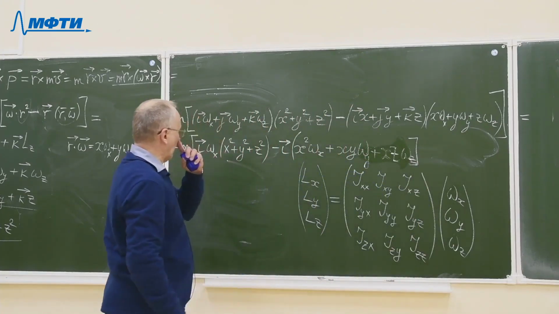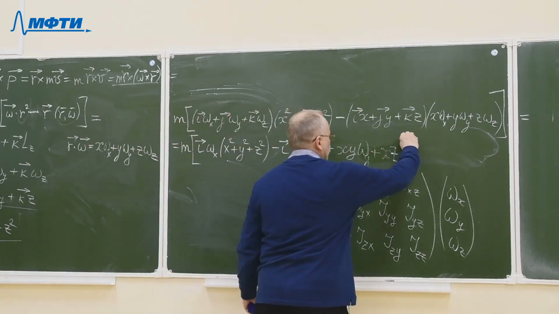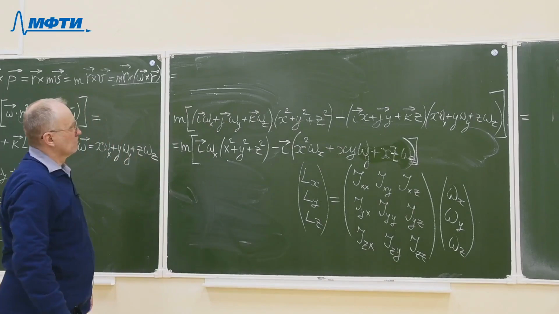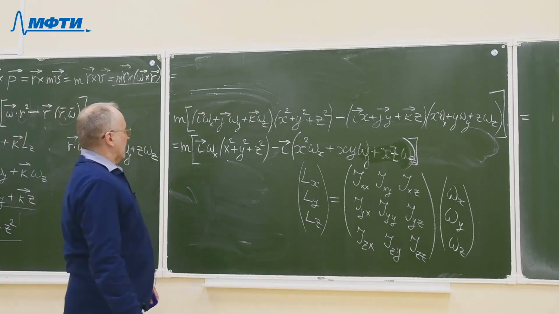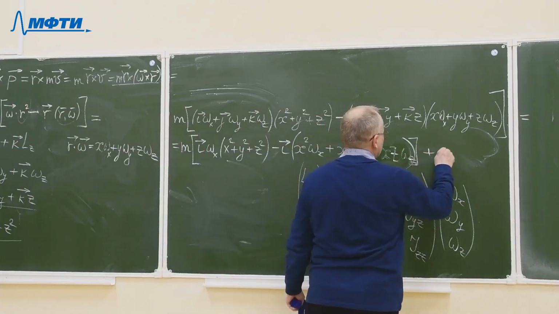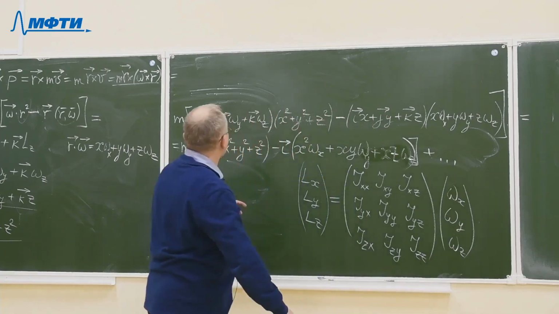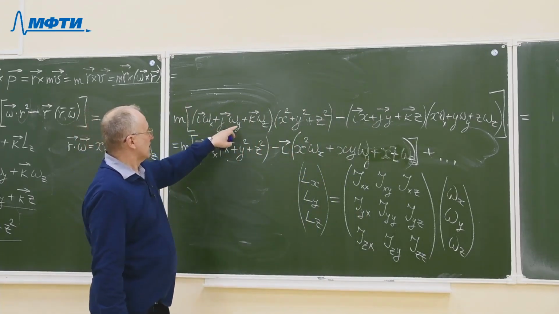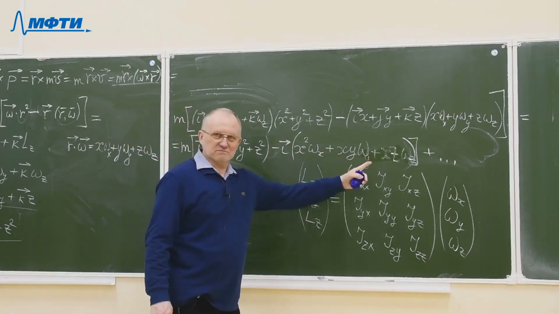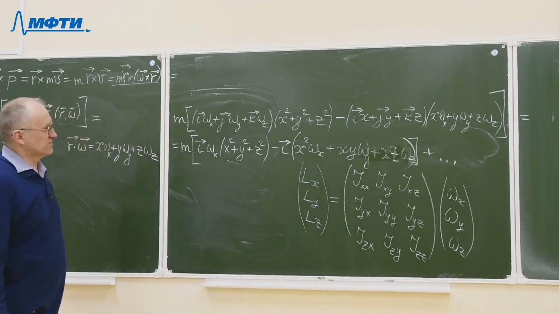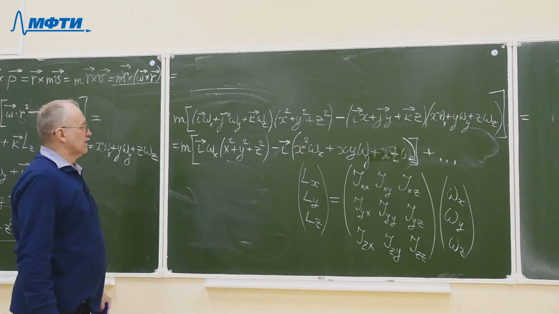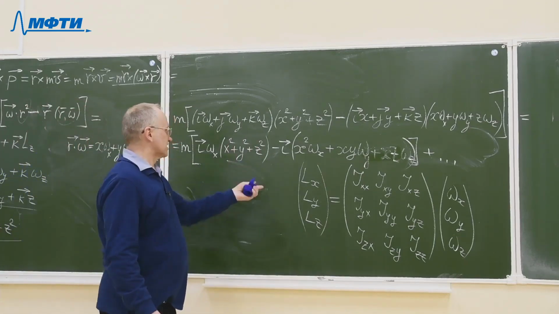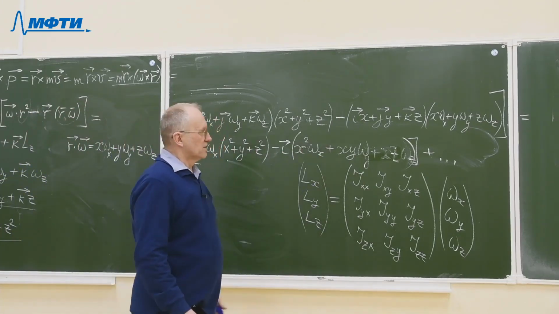That's it, and the round bracket should be closed. And similar terms may be found which accompany vector j and vector k. They will be very similar, just with a circular shift in indices, which we will discuss later.